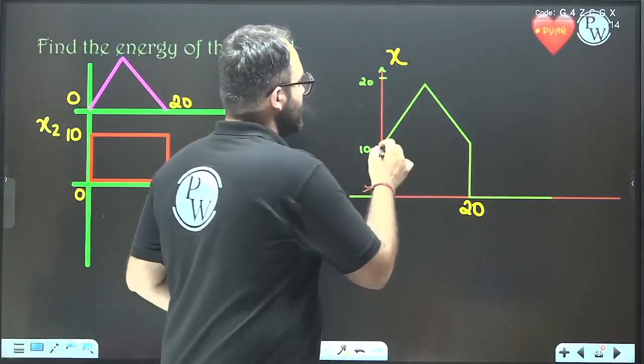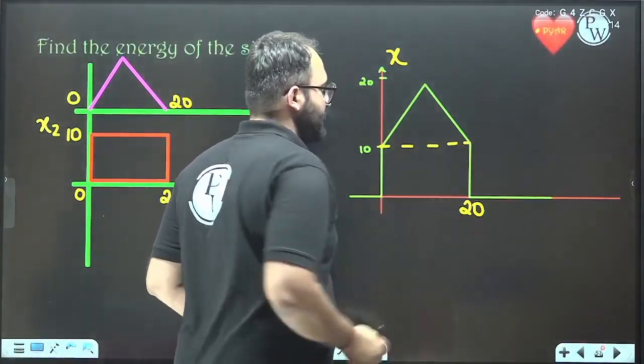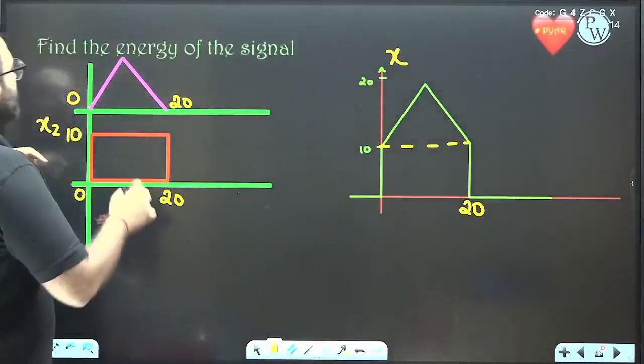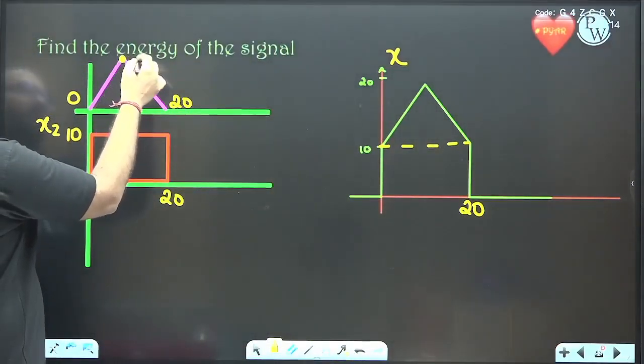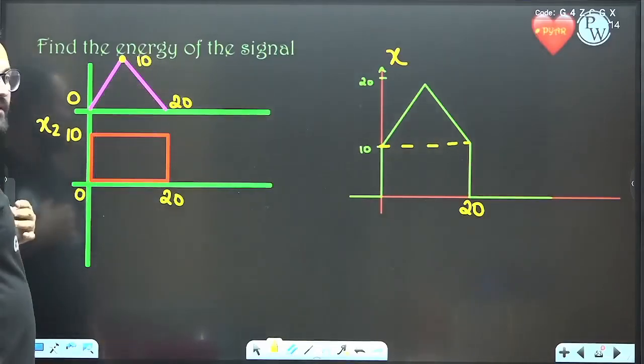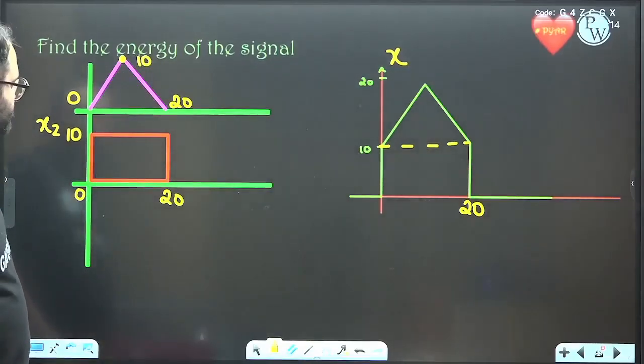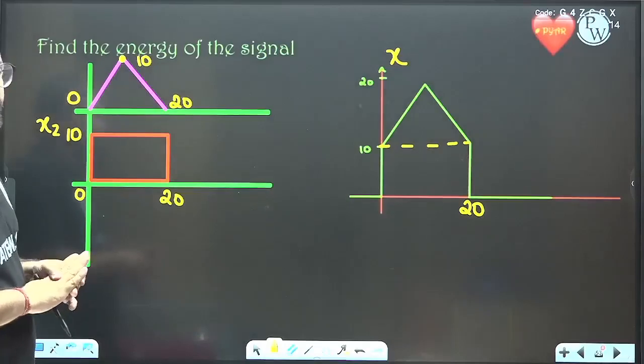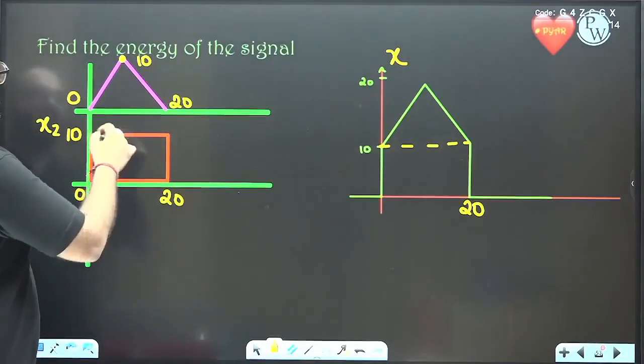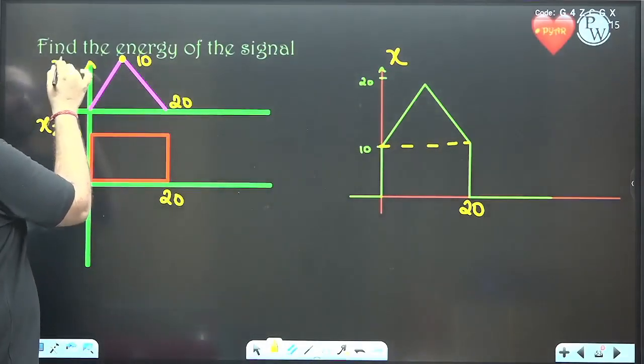We will break it into two parts, a rectangle and a triangle. Now we can see that this is x1 and this is x2. They are not orthogonal.